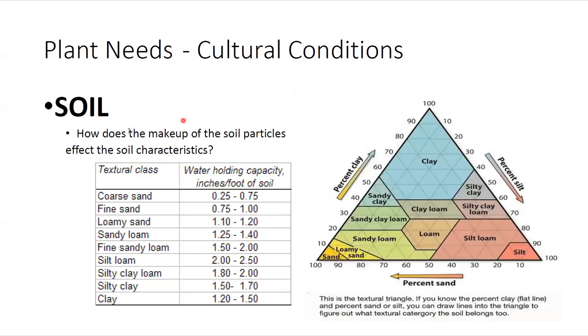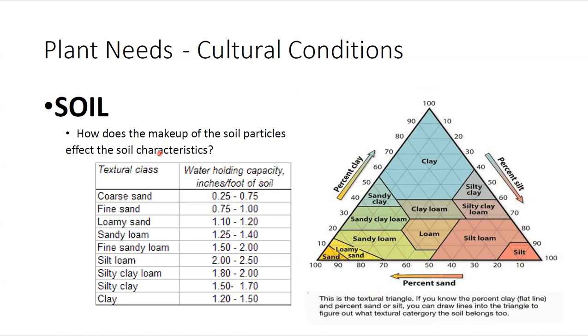Now, looking at how the makeup of the soil particles affects soil characteristics, there are some plants that strongly prefer certain types of soils, okay? Some plants prefer low to no organic matter.